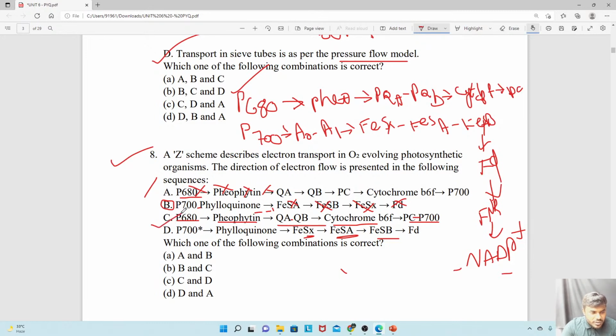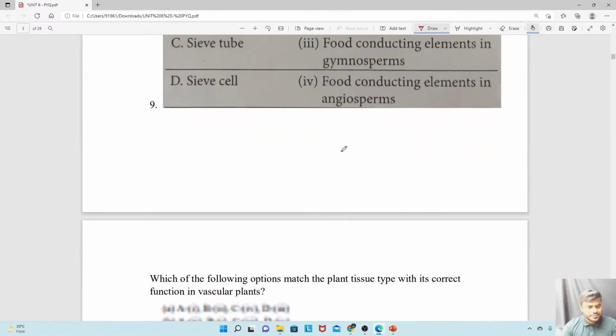Option C is absolutely right. Option D, P700, anyway they did not give the A0, they have only given A1. A1 we can call phylloquinone, absolutely right. Iron sulfur X, right. Iron sulfur A, iron sulfur B, FD, FNR. Anyway they did not give the FNR. Absolutely D is right. Hence the correct answer will be C. Whatever you all people gave is absolutely the right answer.